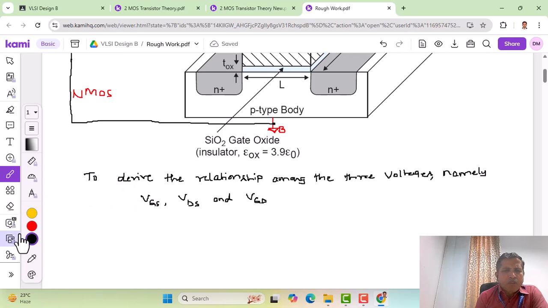Let us derive the relationship between all these three voltages.